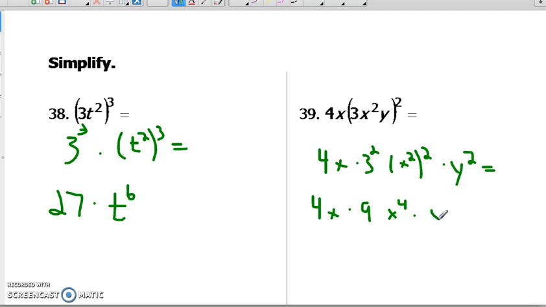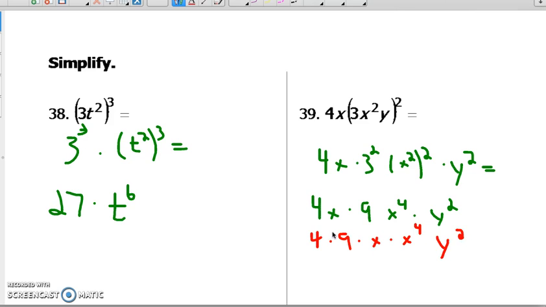And then multiply by y squared. So this is where yesterday I would color code, not doing that today, it takes too much time. But I would write 4 times 9 times x times x to the fourth times y squared.